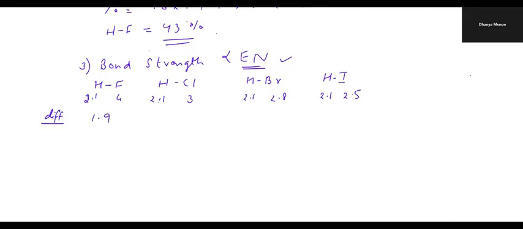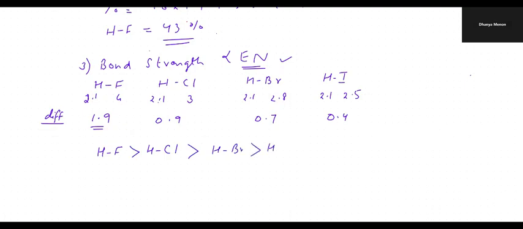This is 0.7. And this is 0.4. So which is the compound having the highest bond strength? Highest is 1.9, which corresponds to HF, greater than HCl, greater than HBr, is greater than HI.